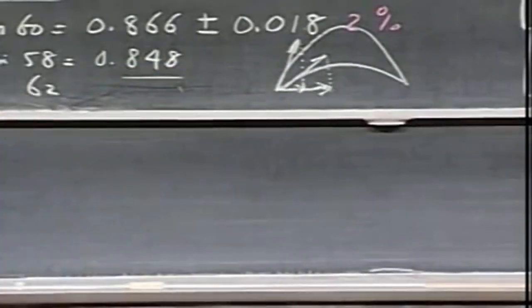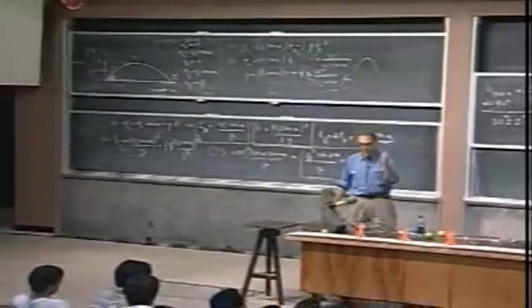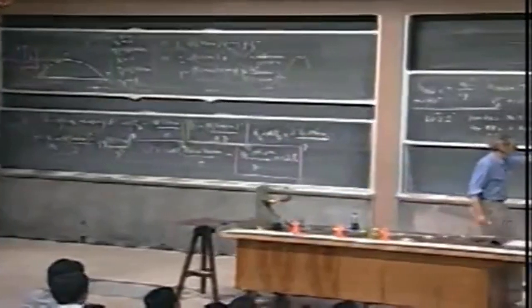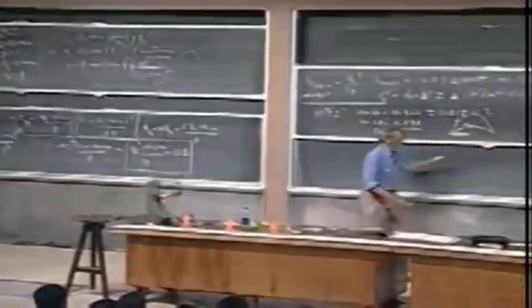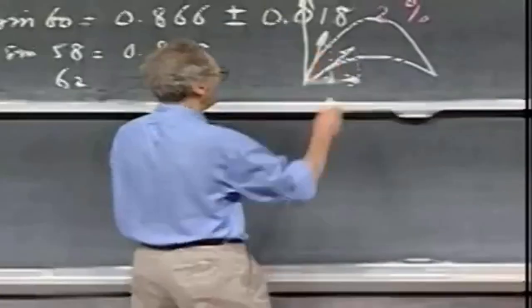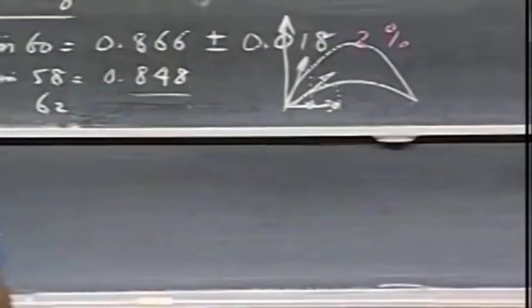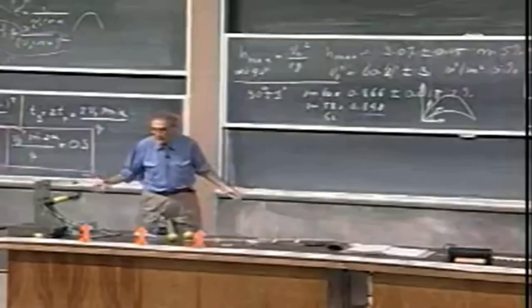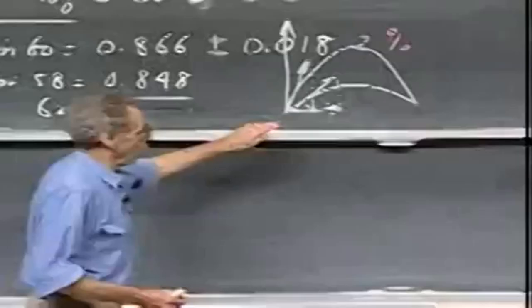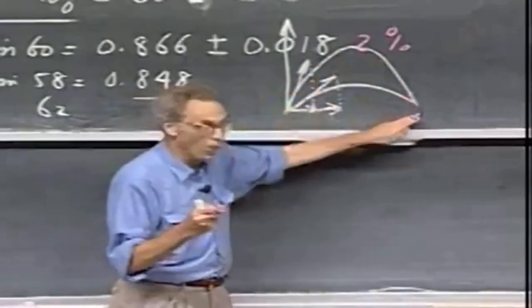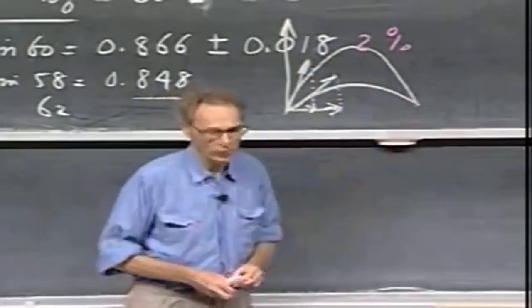Because it's the horizontal component in the x direction that determines how long it will take to go from here to there. Suppose I shot it straight up. How long do you think it will take to hit here? It has no horizontal component. All right? So think about this. This trajectory will take longer, but it ends up at the same point.